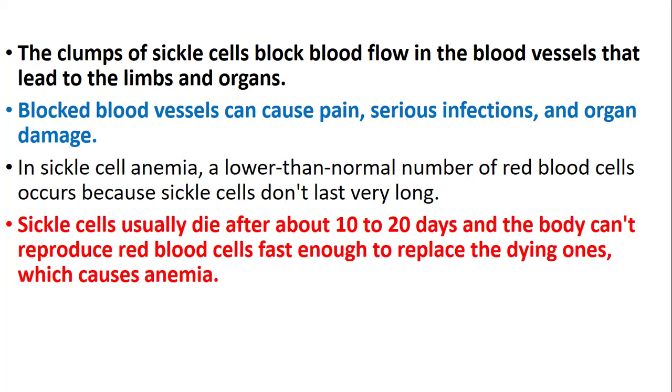And these blocked blood vessels can cause pain, serious infection, as well as organ damage. In sickle cell anemia, a lower than normal number of red blood cells occurs because sickle cells do not last very long. They usually die after 10 to 20 days, and the body cannot reproduce red blood cells that fast to replace the dying ones, which causes these problems.